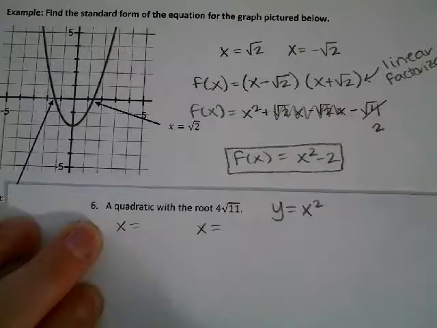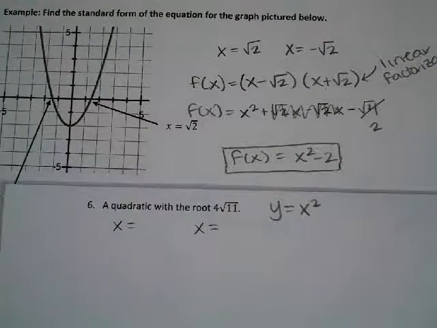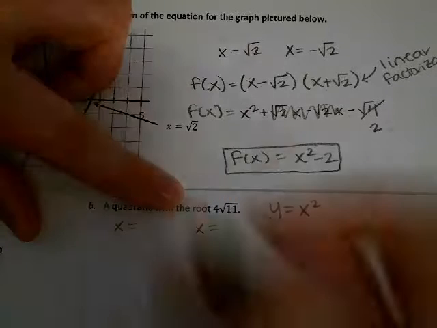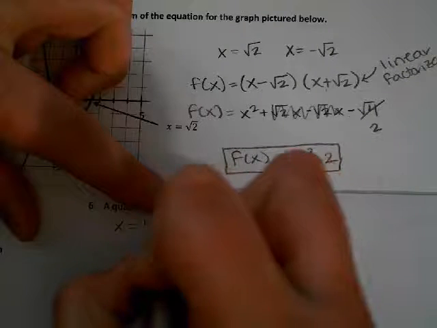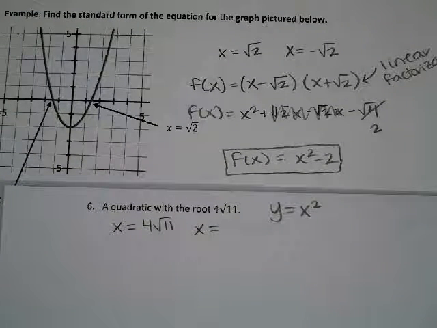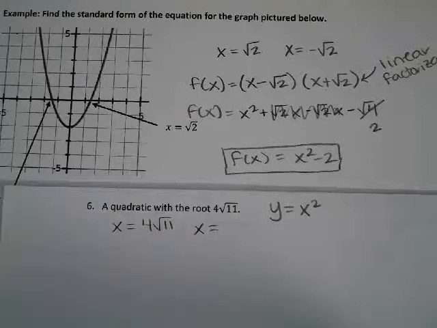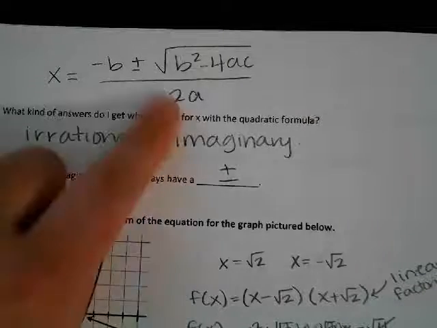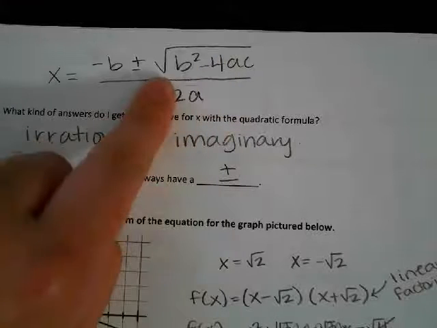It's a quadratic. Now, if one of the answers is 4 square root 11, then because it's a radical answer, I know that that answer must have come from the quadratic formula. So if I look up here, I can see 4 square root 11 must have come from right here, and right in front of the quadratic formula is the plus minus.